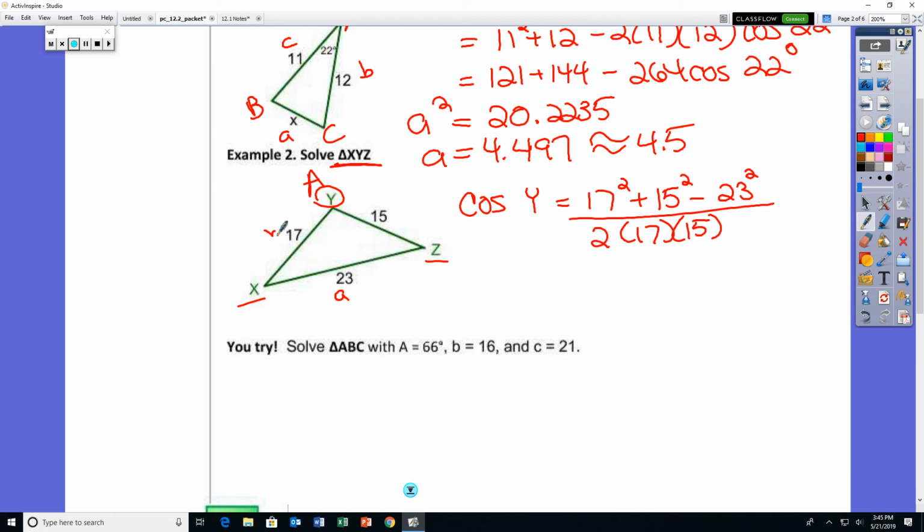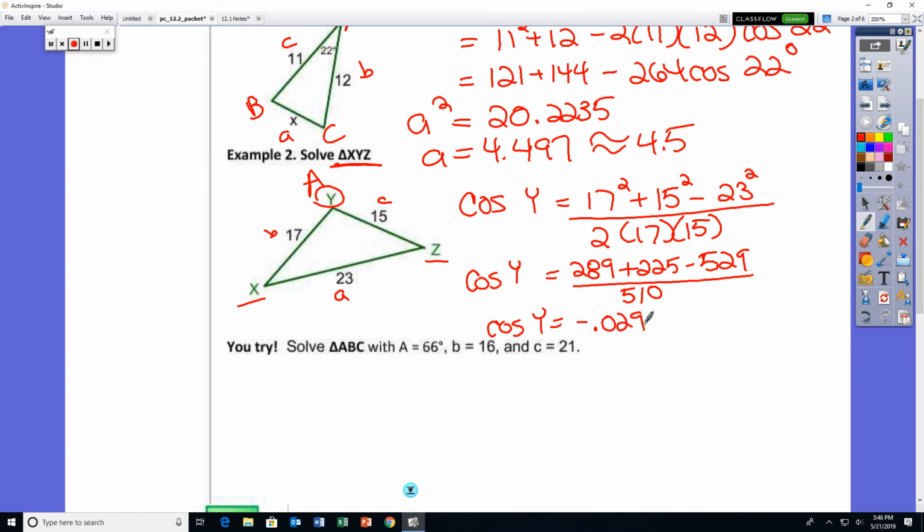So the cosine of y equals 289 plus 225 minus 529 all over 510, or the cosine of y will be equal to negative 0.029412. Type in the inverse into our calculator and angle y will come out to be 91.69 degrees.